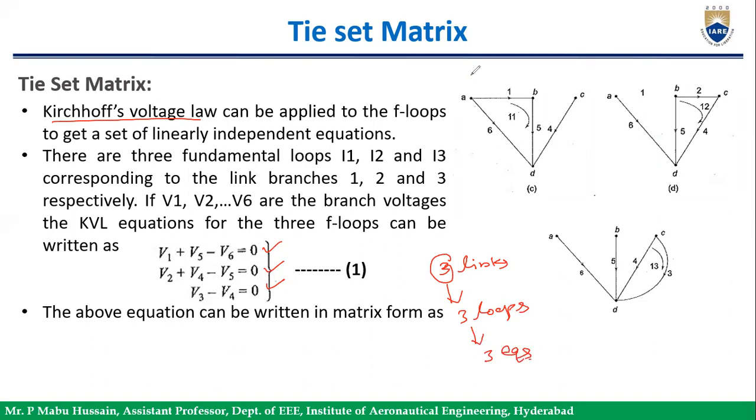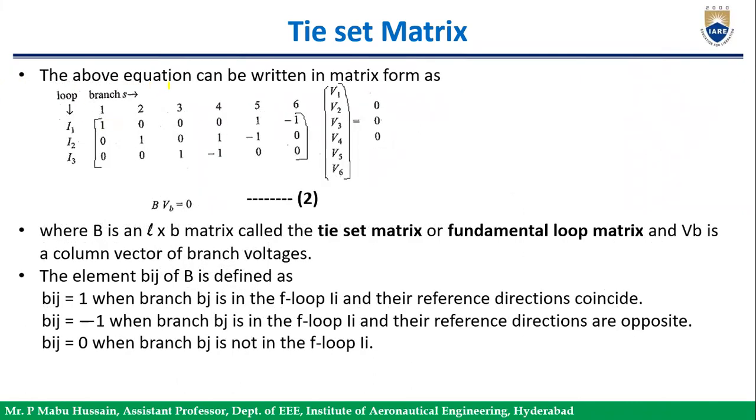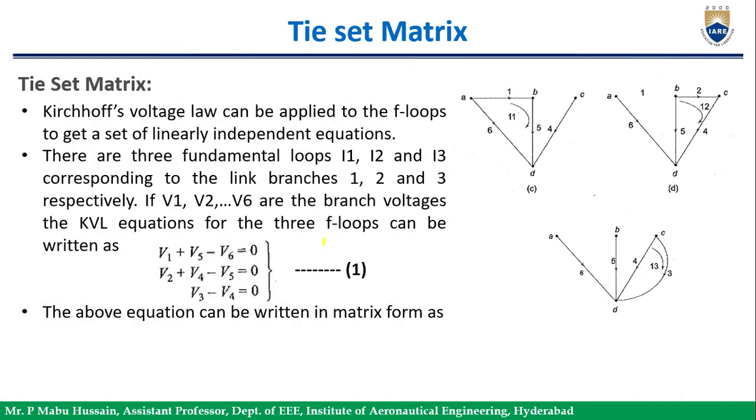Now these equations you can represent in matrix form. So how can you represent this in matrix form? The above equations can be written in matrix form like this. So here we are taking the voltages from V1 to V6.